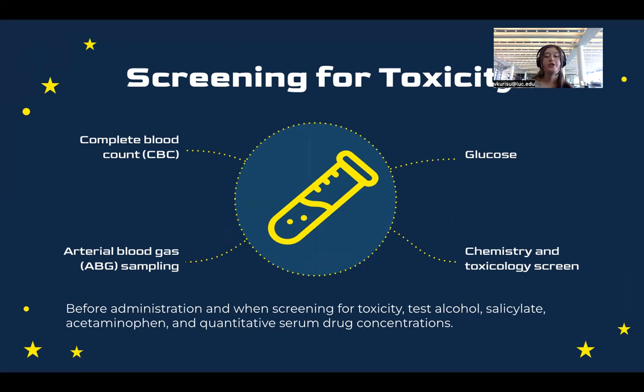Then before administration and when screening for toxicity, test alcohol, salicylate, acetaminophen, and quantitative serum drug concentrations. Just because sedative hypnotics can have serious effects, it's important to know what's going on in a person's body before they give them another drug, as should be the case with all drugs.